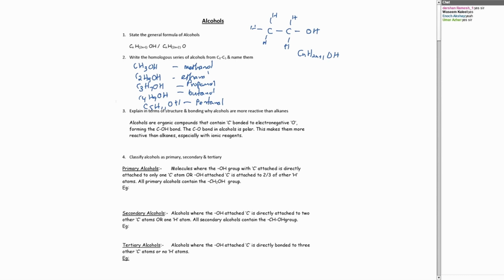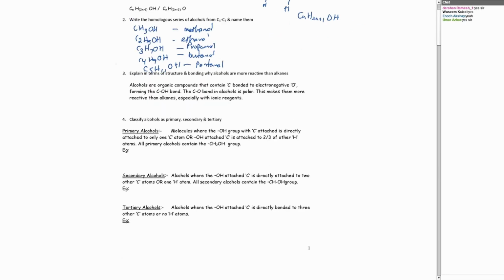Now when you compare with the alkanes, these alcohols have the polar C-O bond, which makes the alcohol more reactive than alkanes. This C-O bond of alcohols is a polar bond where oxygen is electronegative and carbon is electropositive.